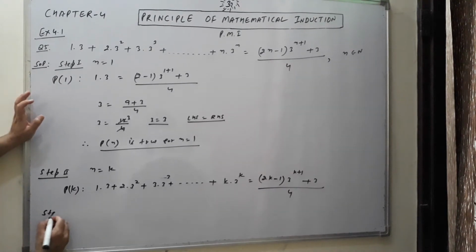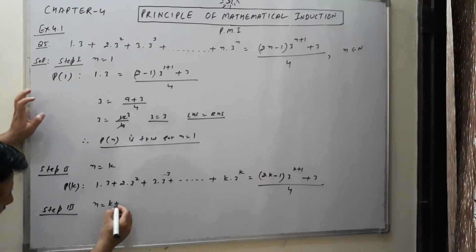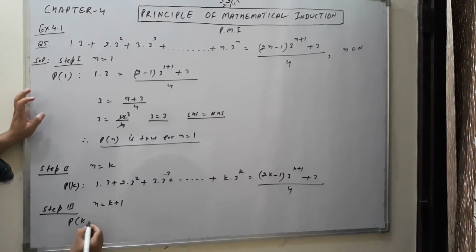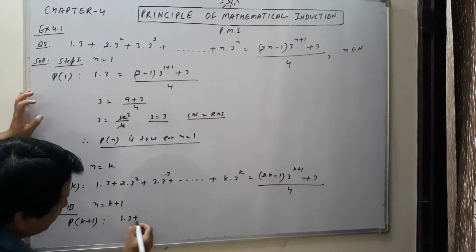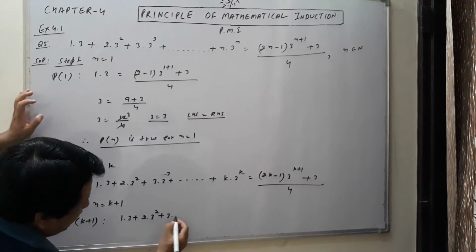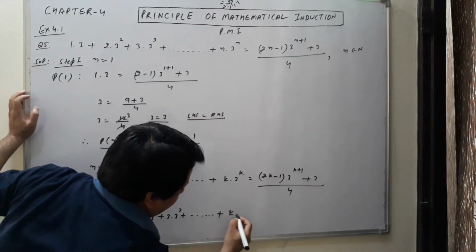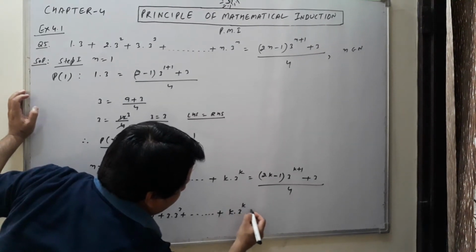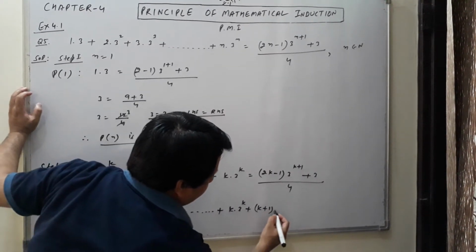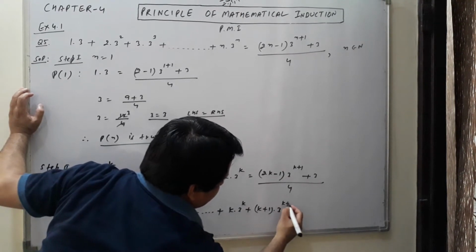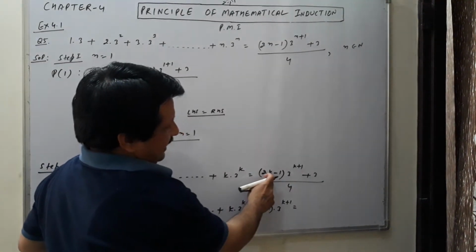Let us come with step number 3, that is n is equal to k plus 1. Means P of k plus 1, that is 1 into 3, 2 into 3 its square plus 3 into 3 its cube plus up to k into 3 its power is k plus, now we will change this k, it is now (k plus 1) into 3 its power is k plus 1, and this is equal to, now we will make this k as k plus 1.